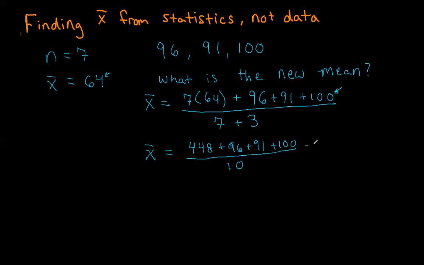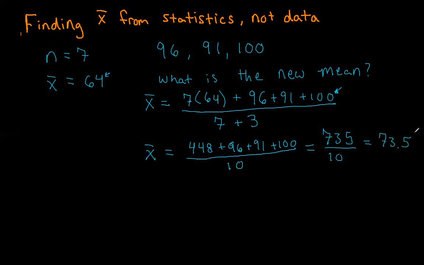You just add all of those numerators together, 448 plus 96 plus 91 plus 100, and then divide by the new amount of observations. I suppose I could just write it out for you. Do 735 divided by 10, and our new average grade would be a 73.5.